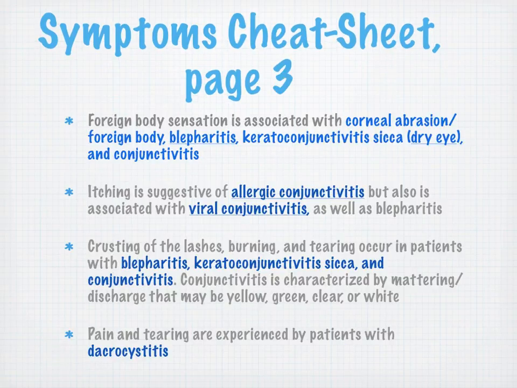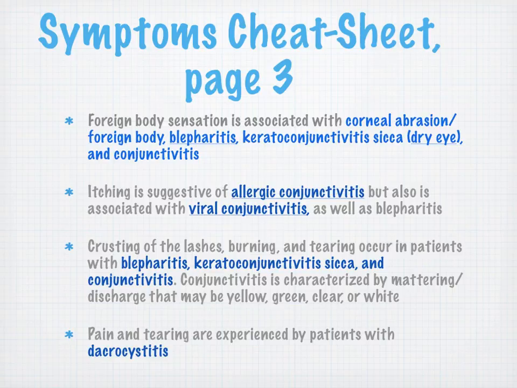And then page 3 there. Foreign body sensation is associated with corneal abrasion and actual foreign body, blepharitis, because you've got that crusty stuff, keratoconjunctivitis sicca, which is dry eye, associate that with autoimmune, and conjunctivitis.